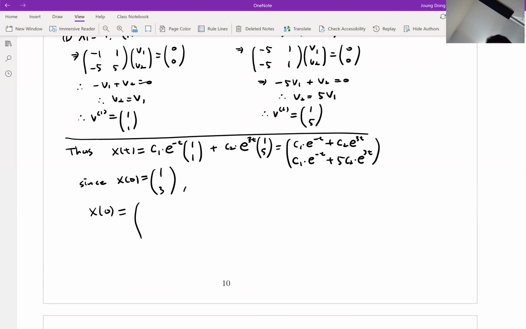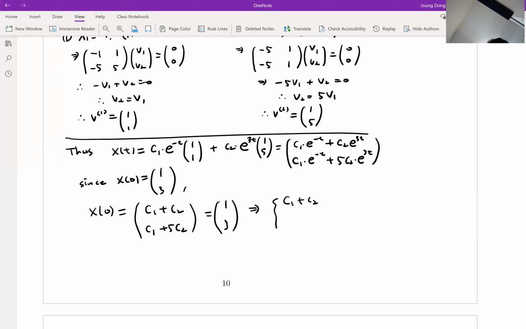E to the 0 equals 1. E to the 3t also equals 1 as well. Then we have C1 plus C2 and C1 plus 5C2 must be equal to 1 and 3. We can solve this one by system, right?